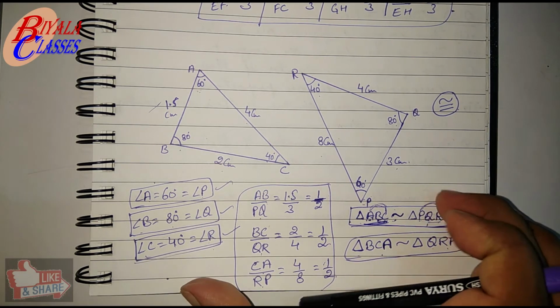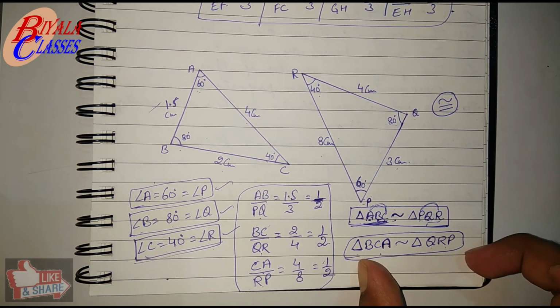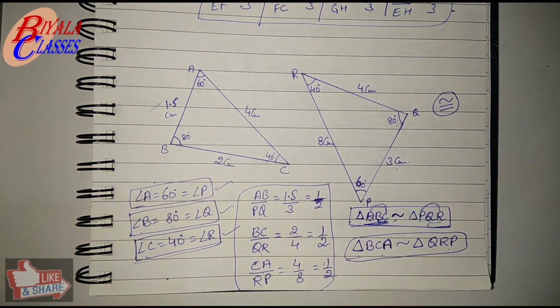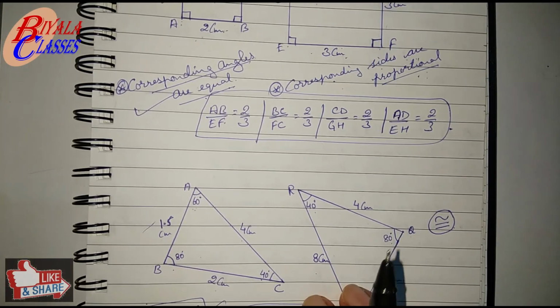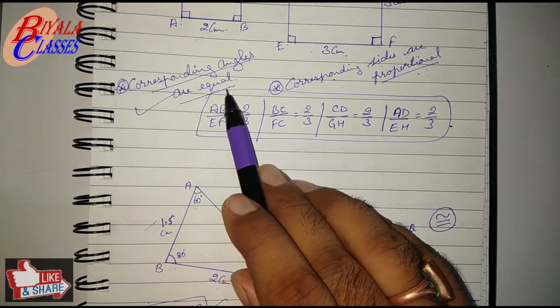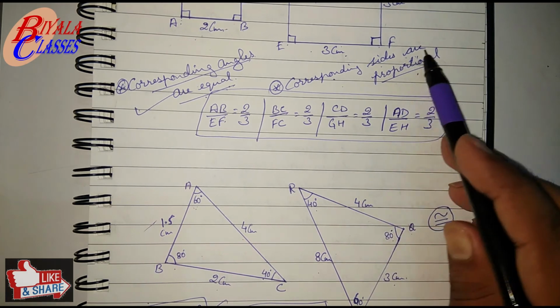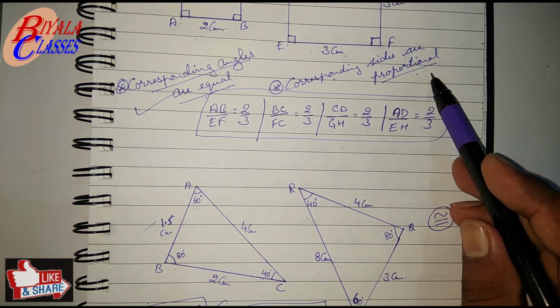So this is about the symbolic form and the condition based on which two triangles can be said to be similar to each other. For any two figures to be similar, the condition says that the corresponding angles should be equal and the corresponding sides should be proportional.